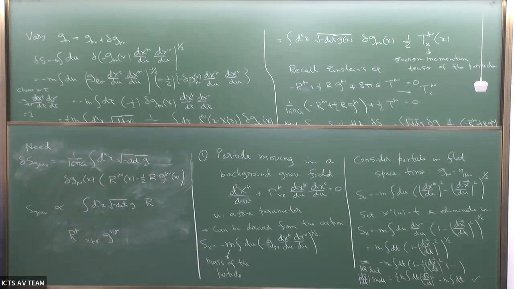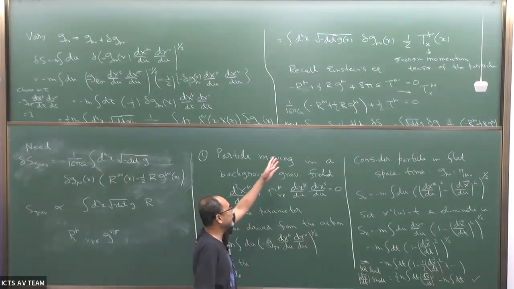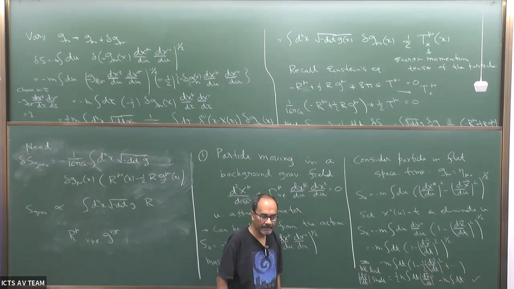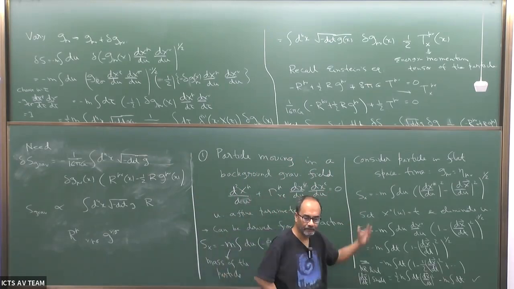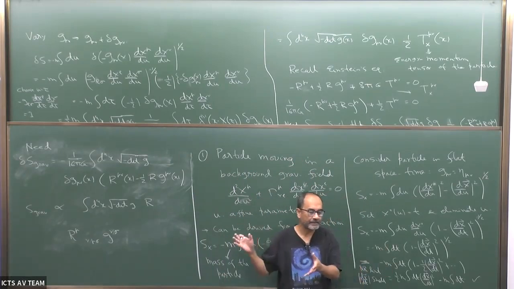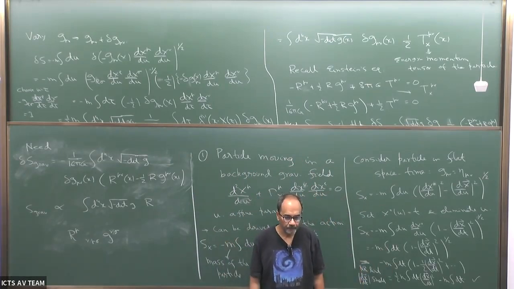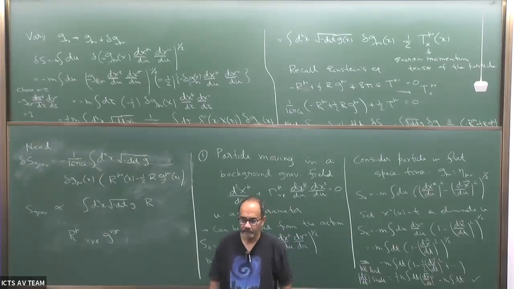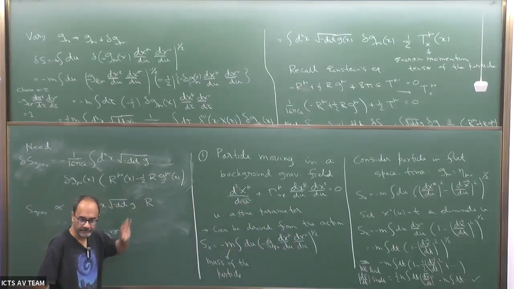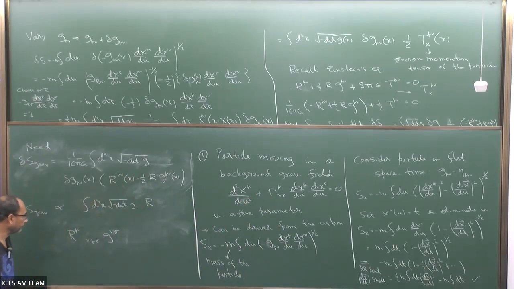This will also tell you that if, for example, you want to modify Einstein's equation by adding some extra term, say the square of the Riemann tensor, and you want to know if there is an action from which you can derive that, that will involve adding terms in the action which have four derivatives. So you can do derivative counting between the equation of motion and the action in this way.